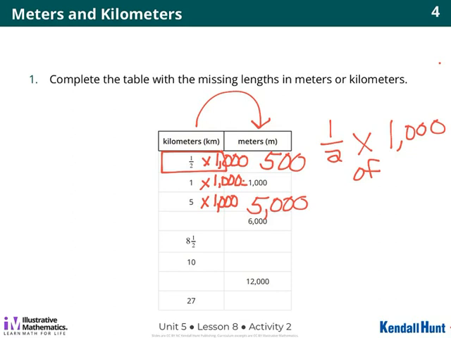Okay, now we're going from 6,000 to another number. So we're essentially dividing by 1,000. And what would we get? 6. Because I know 6 times 1,000 is 6,000.